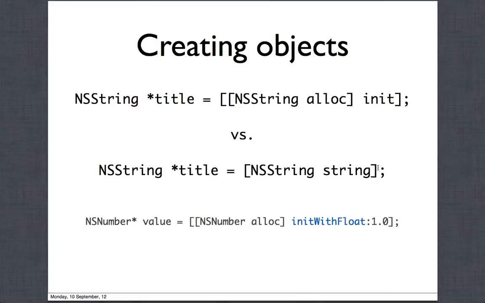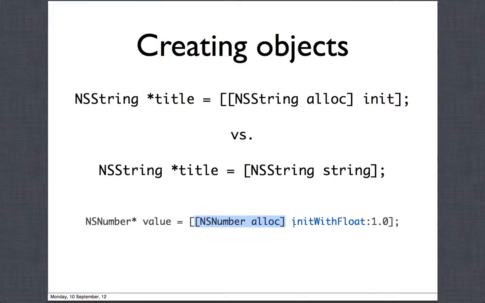Another thing to consider if you use the first way is that some classes provide you with more complex ways of initializing. In this case, we're creating a number. So we created a pointer, then we called the NSNumber class. We send it an alloc message. This will return us an object in memory, which we have to initialize.